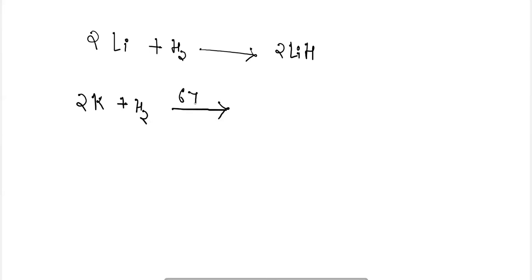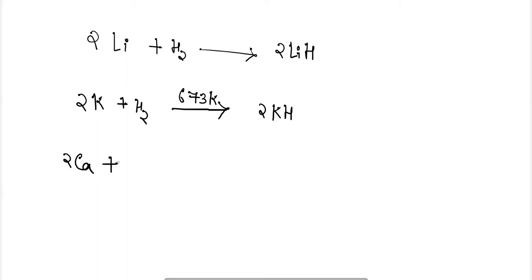Ionic hydrides are generally formed by the direct combination of metals with hydrogen at very high temperatures. For example, lithium readily combines with hydrogen to form lithium hydride. Potassium combines with hydrogen at 633 Kelvin to produce potassium hydride.